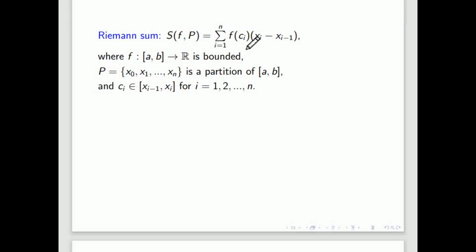Whatever sum you get is called the Riemann sum. So remember the upper sum and lower sum. In the upper sum, you always take the supremum in the interval x(i-1) to xi. In the lower sum, you take the infimum. But in the Riemann sum, you can take the upper sum, the lower sum, or even the value at any point. There is no supremum or infimum required. And this is a partition of the interval [a, b].